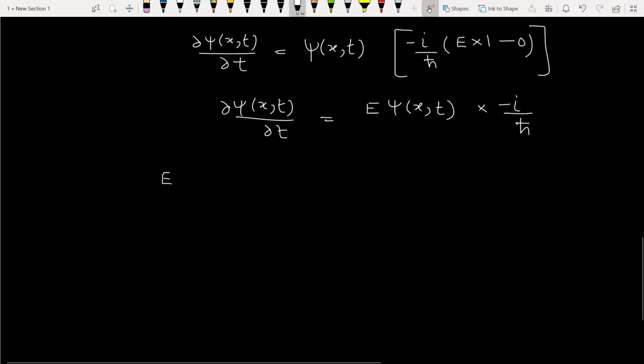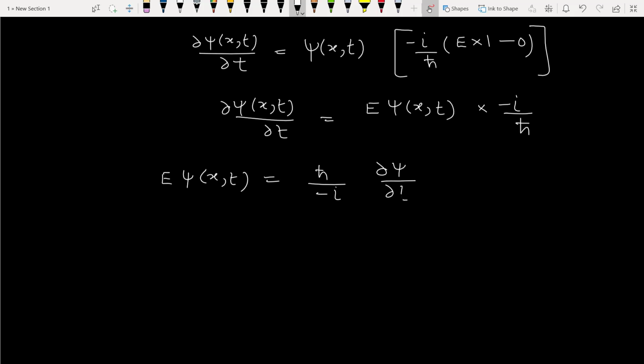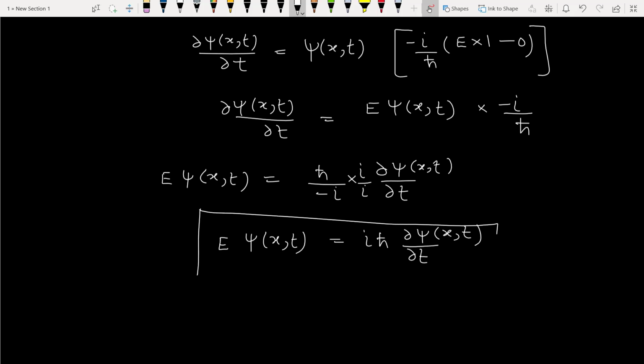So E ψ(x,t) comes out to be h cut over minus iota ∂ψ/∂t. Multiply and divide by iota, iota square is minus 1, minus minus plus, so it will be iota h cut ∂ψ/∂t.